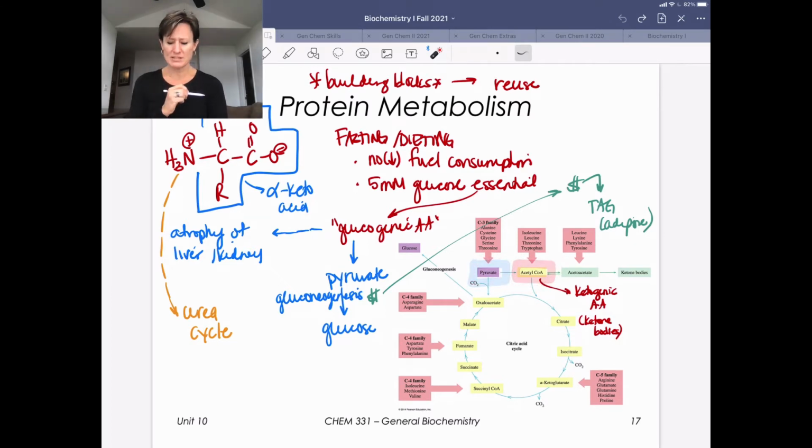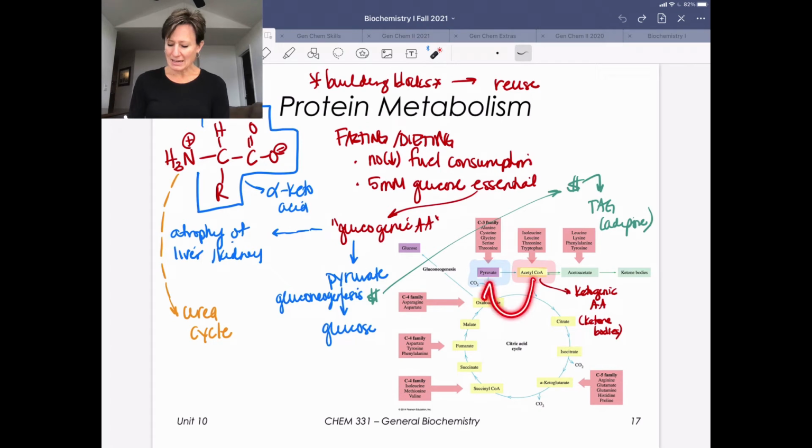It is important to distinguish whether you are an amino acid that can be made into pyruvate or acetyl-CoA, as that sort of determines your fate. Amino acids that can be made into pyruvate we call glucogenic amino acids. Amino acids that can only be made into acetyl-CoA are called ketogenic, and that's ultimately determining what their fate could be.